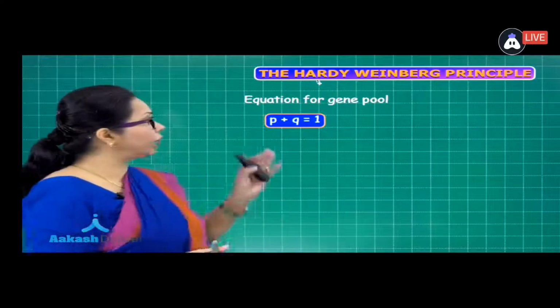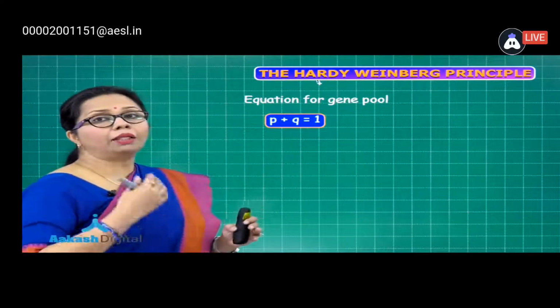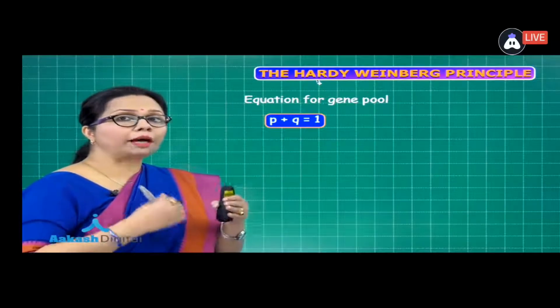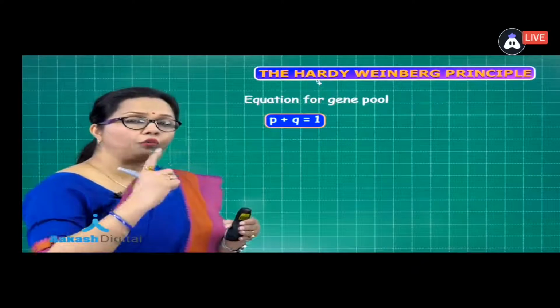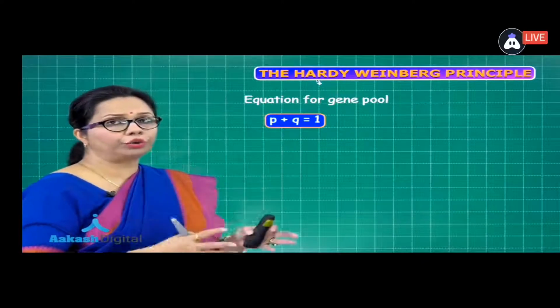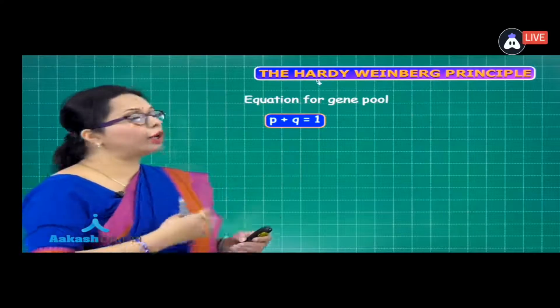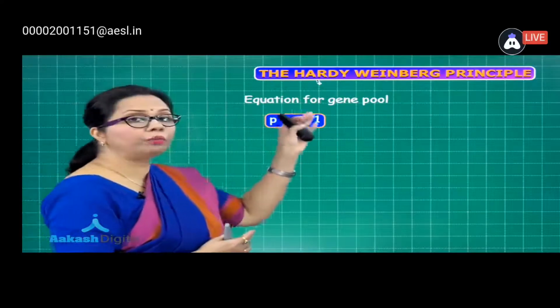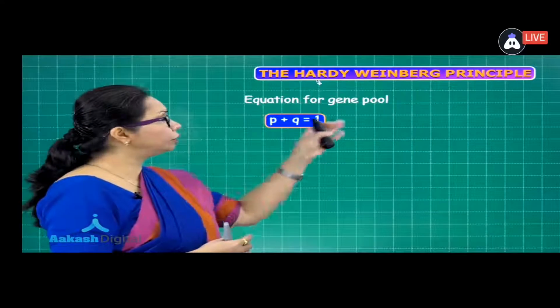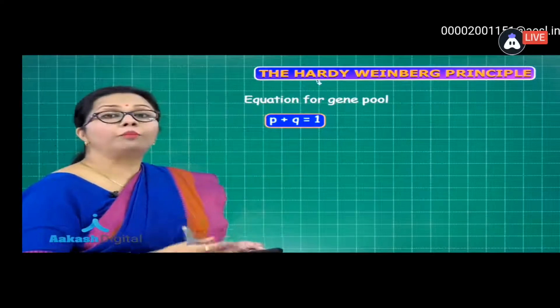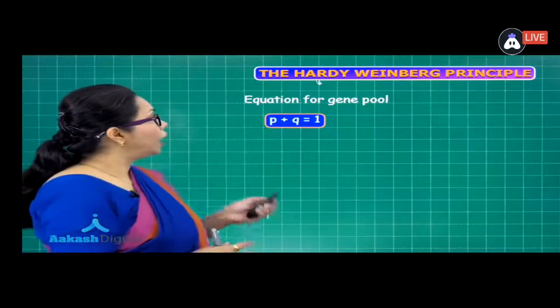The dominant one can be represented with a p and the recessive one with a q. So the sum total of all alleles for one gene in a population is going to be 1. If there are more than 2 alleles, then accordingly we can have p + q + r = 1 if there are 3 of them, and the equation keeps on becoming more and more complex. But we'll keep the thing simple.